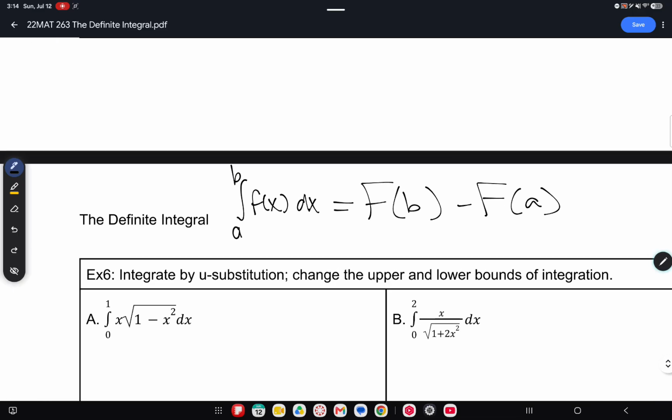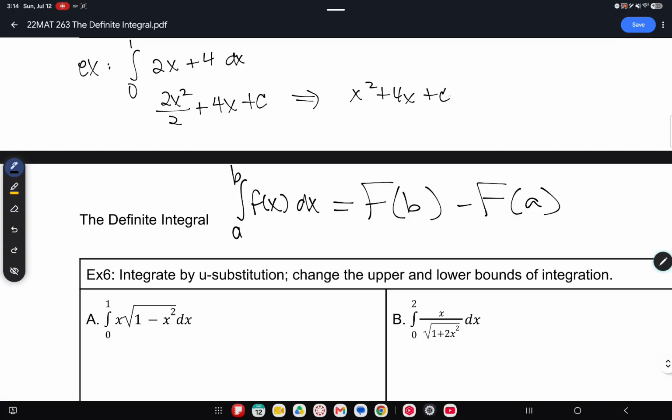So really, I should do a different example here. So let's do from 0 to 1 for, how about 2x plus 4. All right, so we know how to do the integral, right? That's going to be 2x squared over 2 plus 4x, and then plus c. I'll clean that up just a little bit. We're going to make that x squared plus 4x plus c.